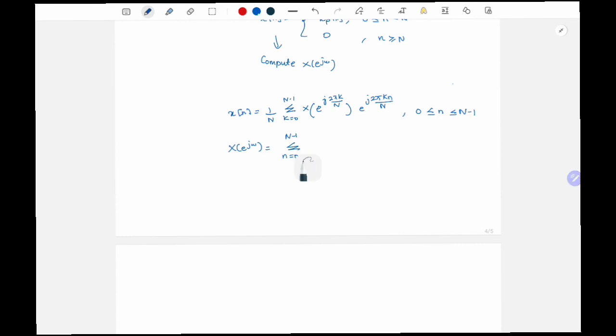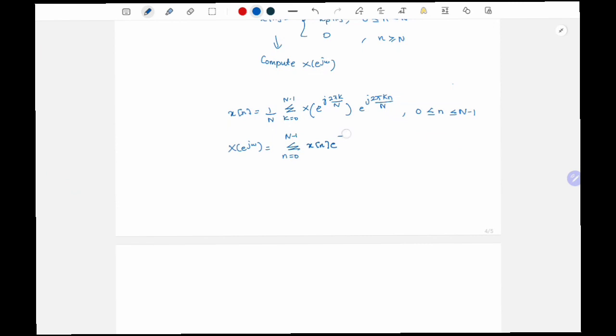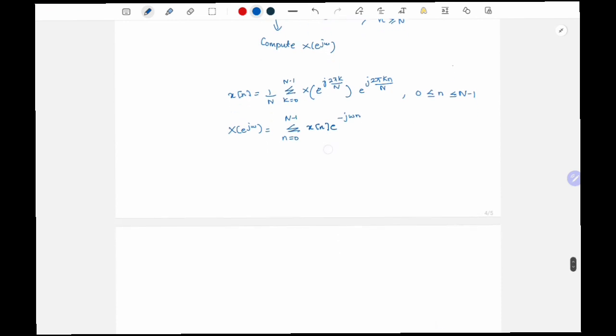So we'll assume this, and we have x[n] e^(minus jωn).